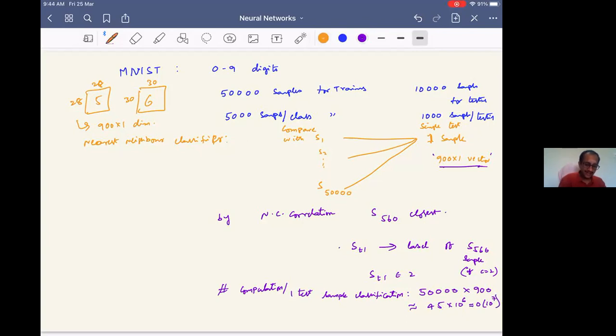Now after doing all this for the first test sample, if I wish to classify a second test sample, how many computations are required to classify it by the nearest neighbor classifier?